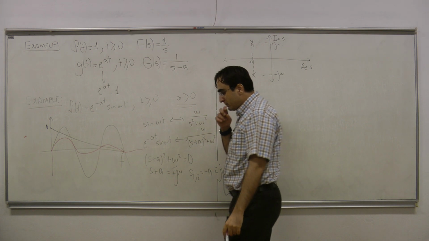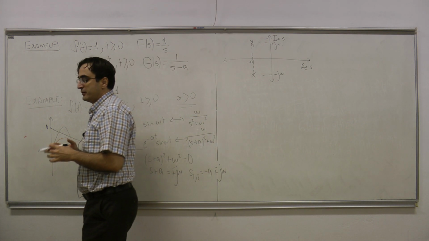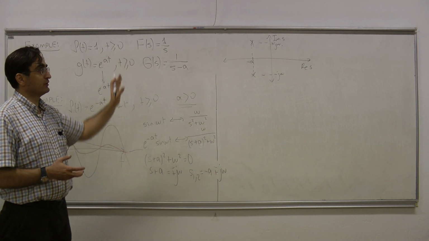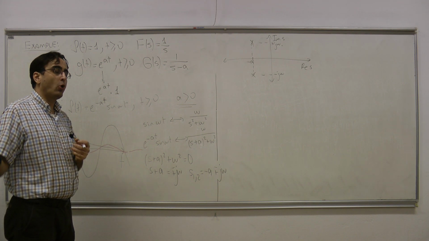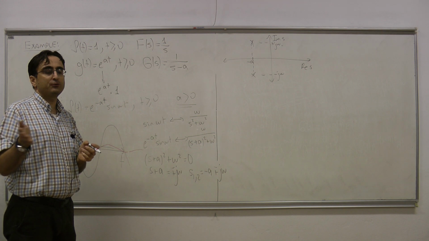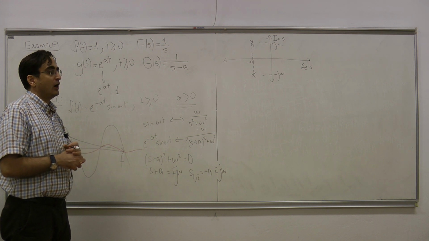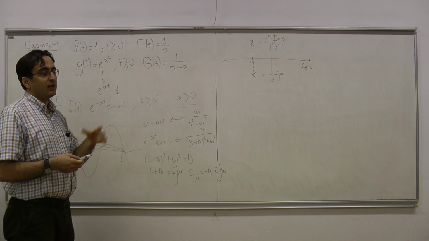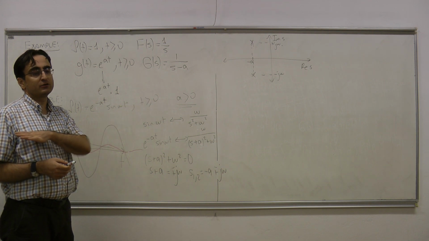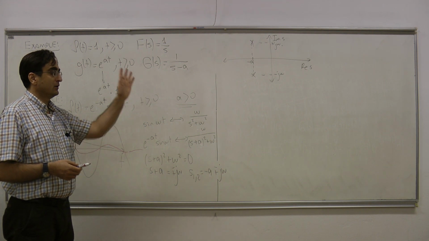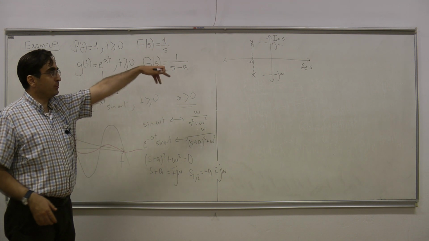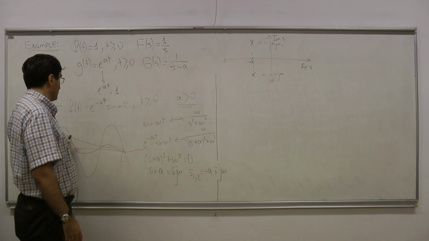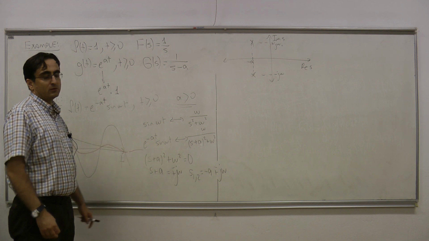Okay? Now here there is an intuition that you need to gain from such a picture. If all poles are in the left, then the time function is going to be decaying towards 0. Here, all poles are on the left, therefore this function is decaying towards 0.